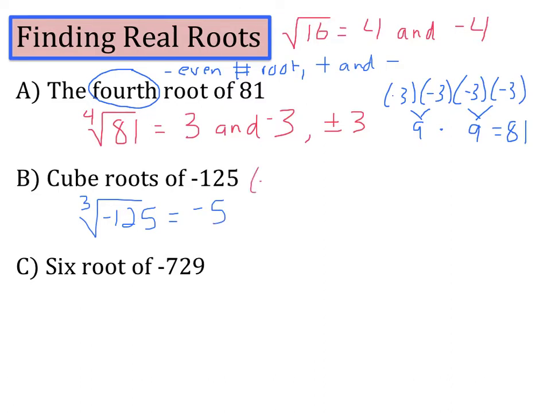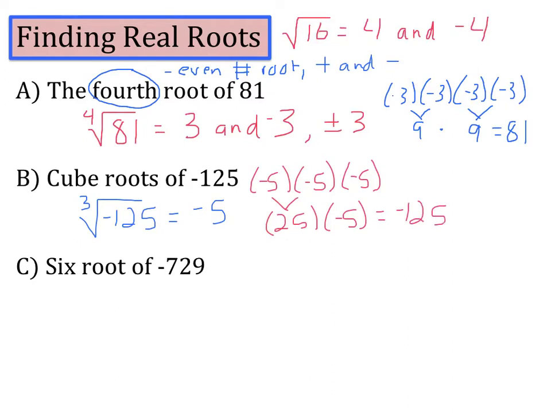And that's because negative 5 times negative 5 gives you positive 25. And then positive 25 times negative 5 is negative 125.